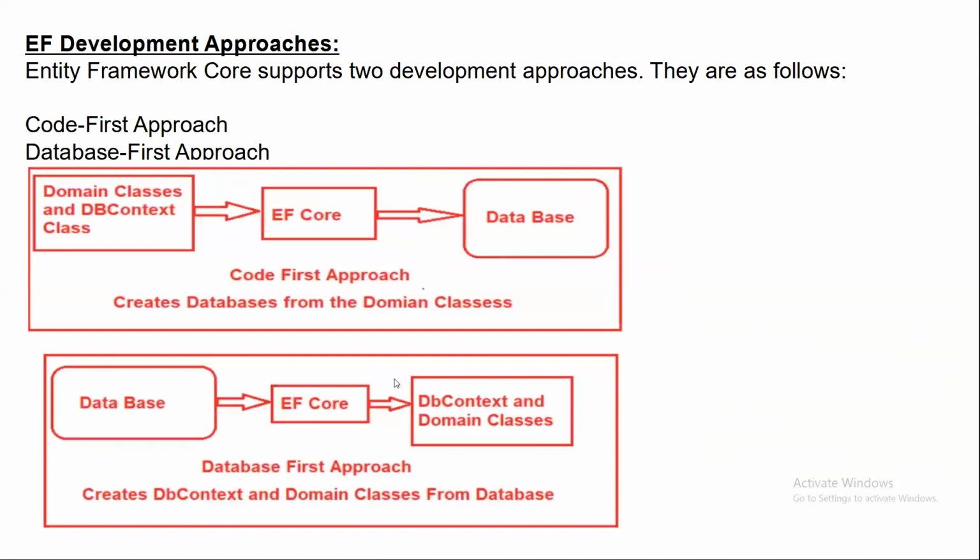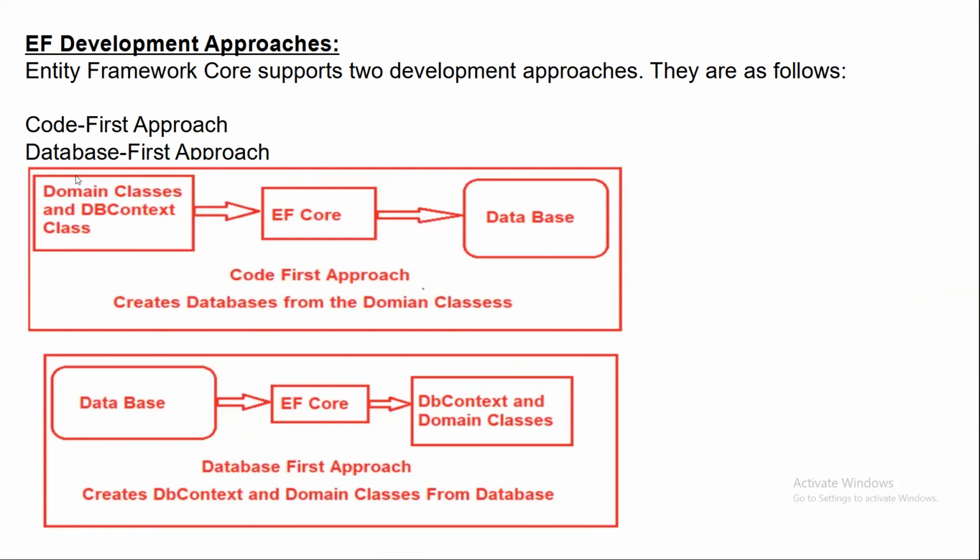Okay. And here, if you see, there are two ways to use Entity Framework. One is called the code first approach. Another one is called the database first approach. When I say code first approach, that means first you write your classes. You write the number of classes required and the data members of those classes.